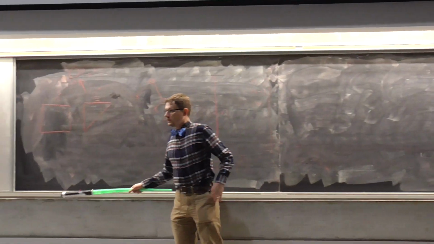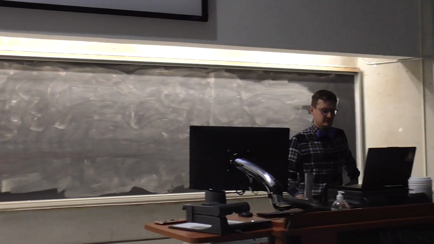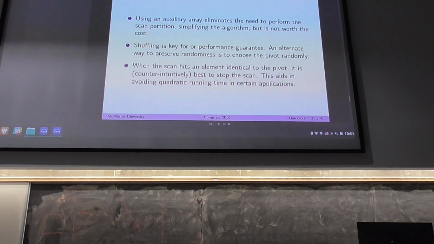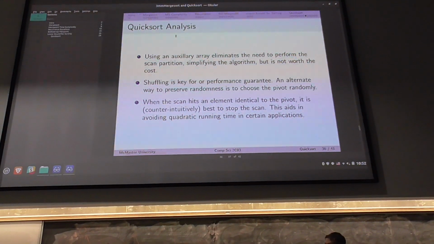One other thing. With respect to the scanning algorithm itself, counterintuitively, it's actually best to stop when you hit an element identical to the pivot.